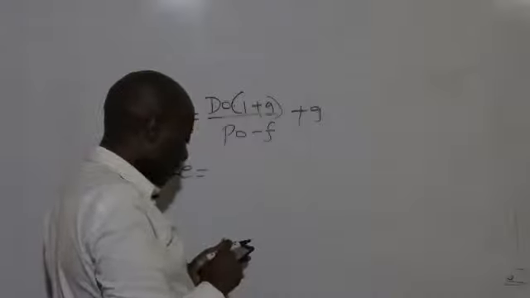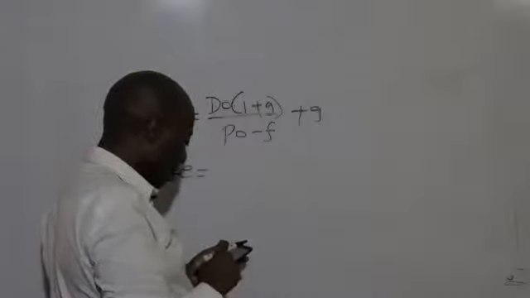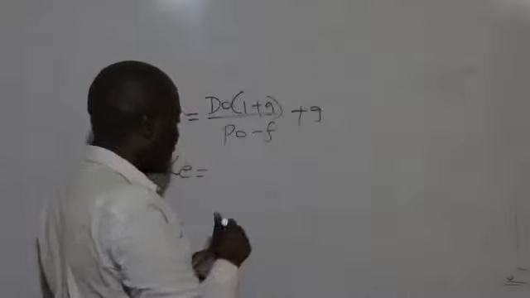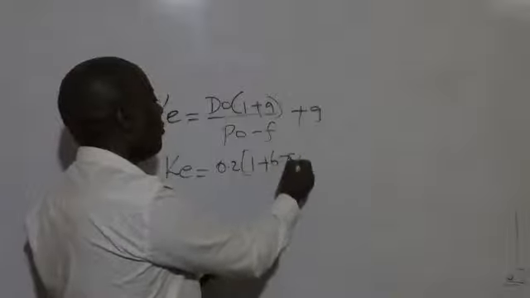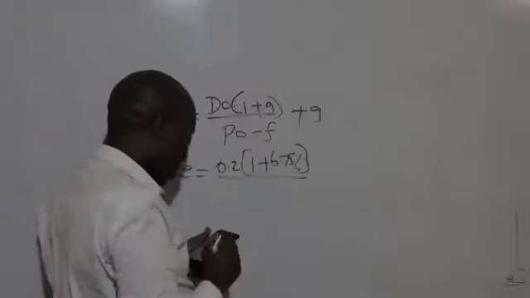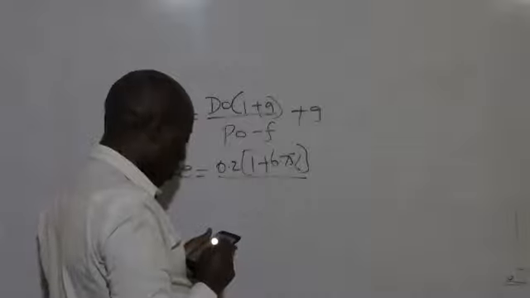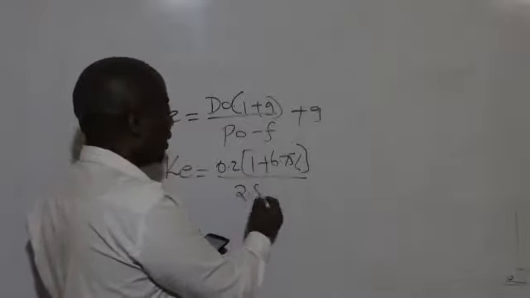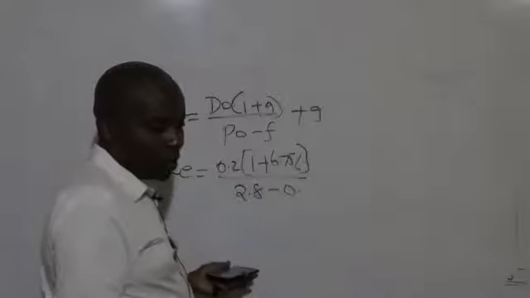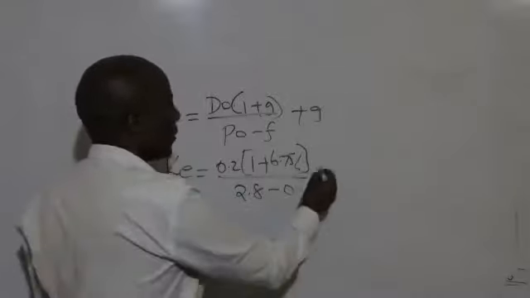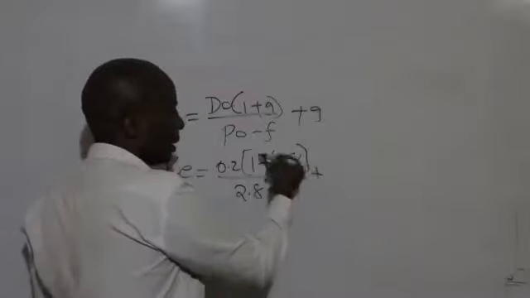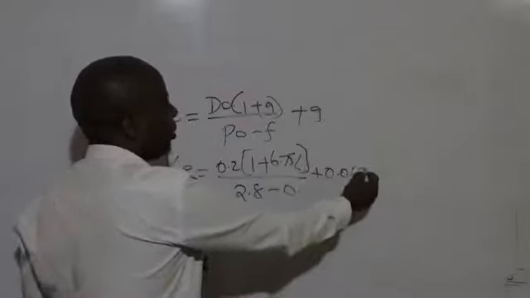Market value is 2.8, dividend is 0.2. So 0.2 into 1 plus 6.75%, all over P0, which is 2.8. There's nothing like flotation in this question. Plus our growth rate, which is 6.75%, the same as 0.0675.